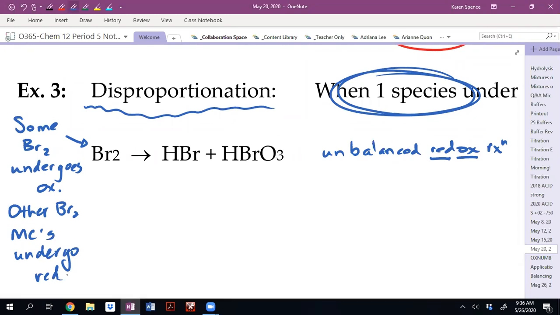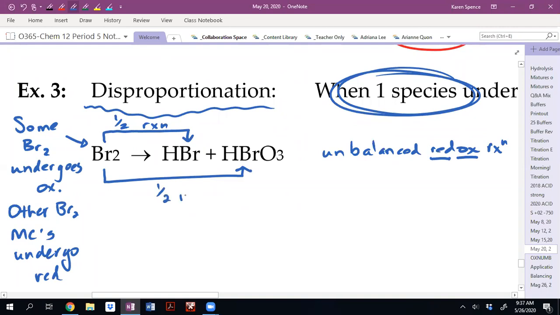All right, so when we look at our half reactions, we say half reaction A is going to be Br2 going to HBr. That's going to be a half reaction. And half reaction B is going to be Br2 going to HBrO3, okay? And that's going to be our other half reaction.